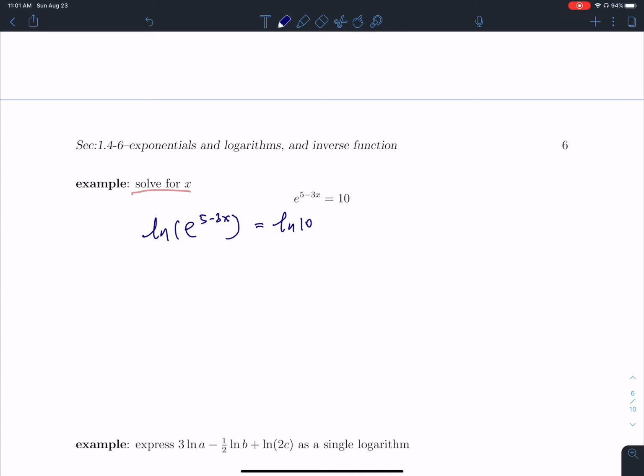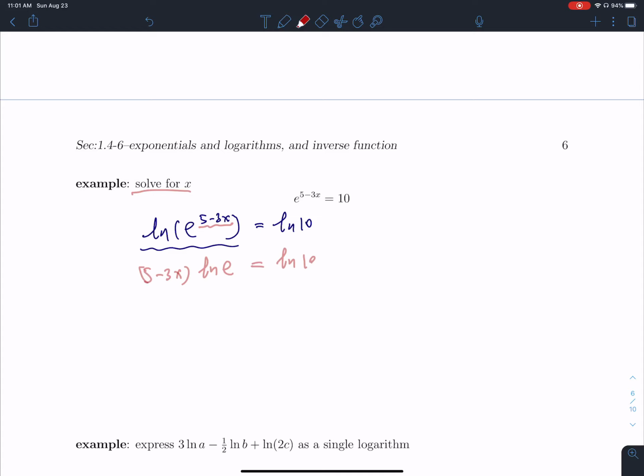Okay, so on the left-hand side, we can use the law of logarithms, right? Because here, there's an exponent. We can move this exponent in front of the log, which is 5 minus 3x times natural log e, equals natural log 10.